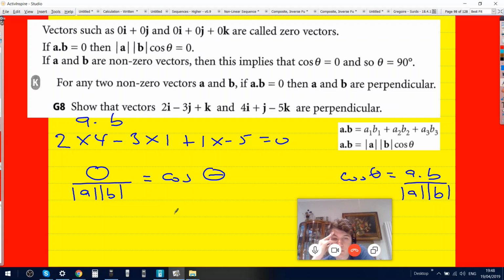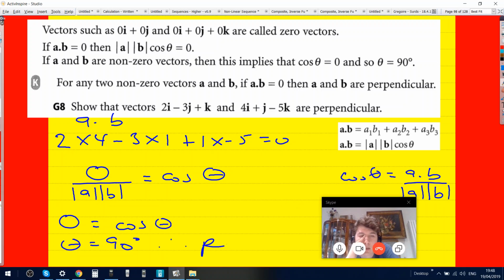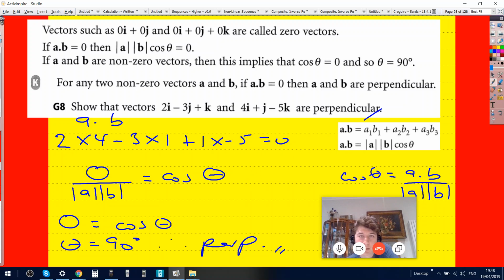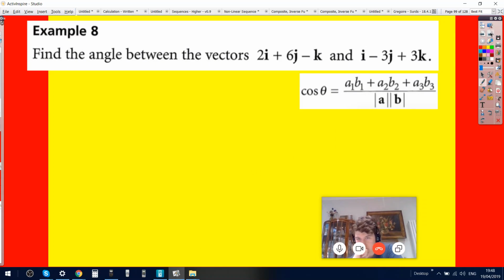Cos theta is 0, so it doesn't matter what's on the bottom, and theta is 90 degrees, therefore the lines are perpendicular. And to find the magnitudes, we would do Pythagoras.